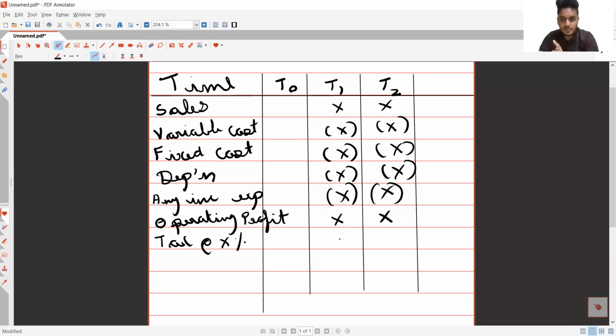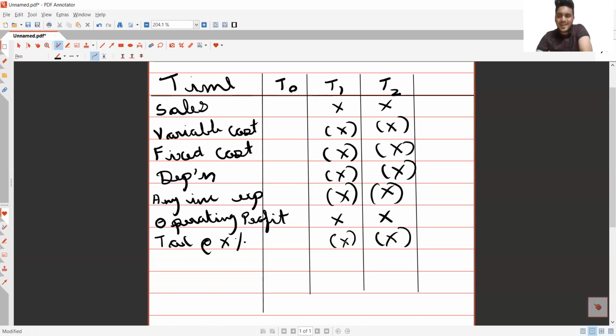But one other important thing to be noted is, when are you paying the tax? Are you paying the tax in the same year as it arises, or are you paying it in the following year? Is it a same year tax or a tax in arrears? That means you're paying tax with a delay of 1 year. So guys, if you're paying tax in the same year, a typical percentage of tax will be applied to your operating profit, and the figures would look like this.